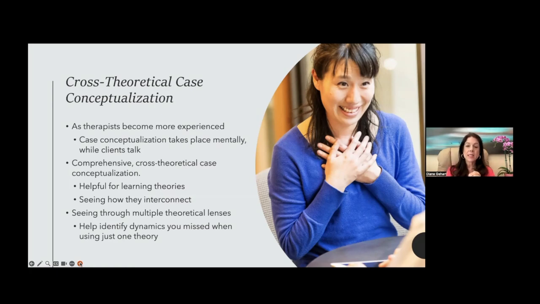And so, like I said at the beginning, this form is especially helpful if you've got clients who are stuck, they're not moving, and even individual clients. And I do have a cross-theoretical case conceptualization that uses traditional counseling theories for individuals. But usually when people are stuck in therapy, they're not progressing, either their depression or their anxiety is not going better, it's usually not that you don't understand the individual dynamics.